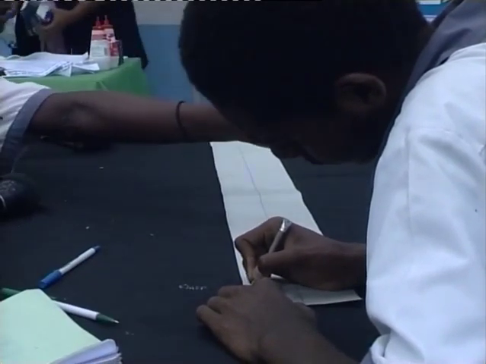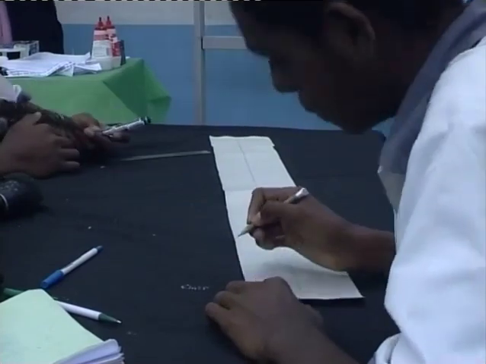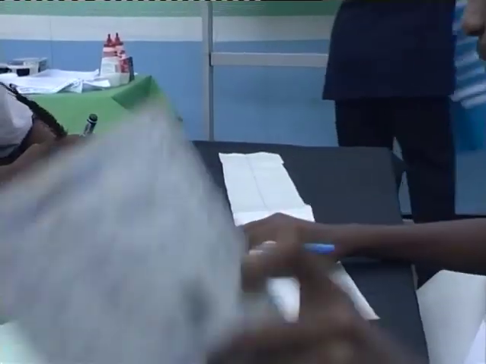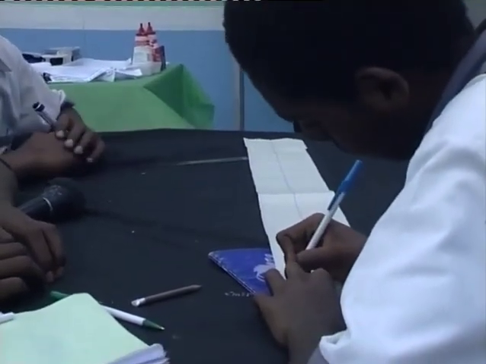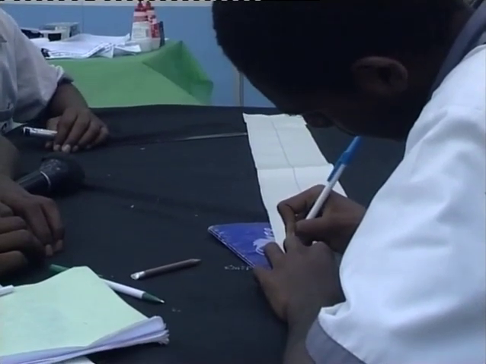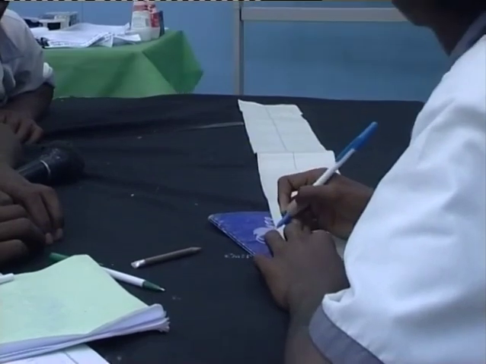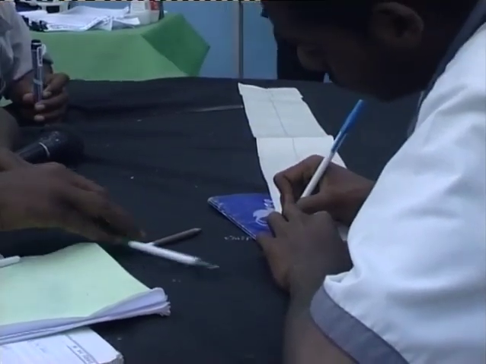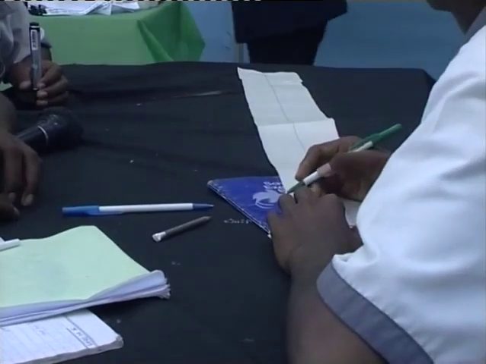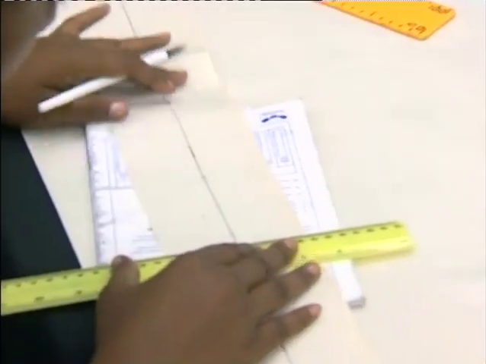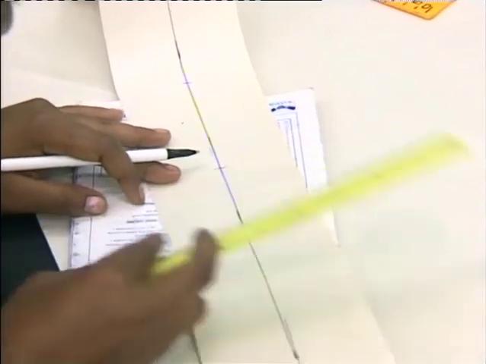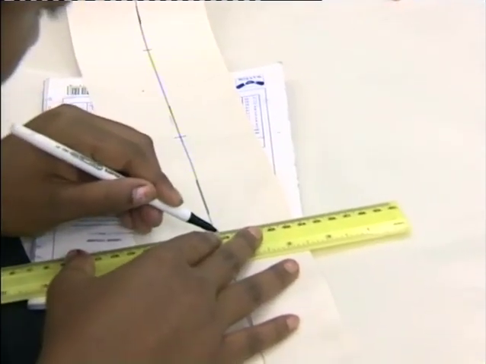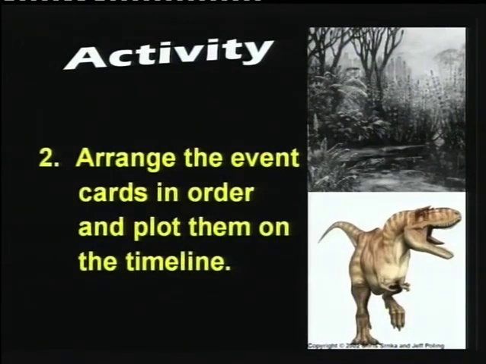All right, let's move on to the next instruction for your activity. Instruction number 2 reads, arrange the event cards in order and plot them on the timeline.